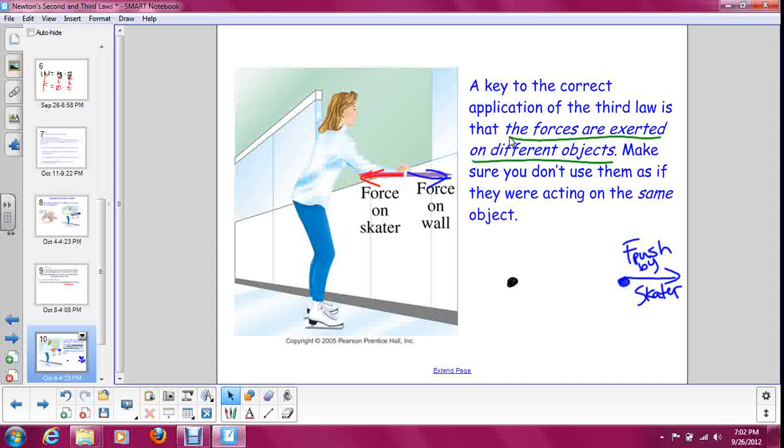And the equal and opposite force here isn't the wall pushing this way. Well, it is, but it's not acting on the wall. It is the wall acting on the skater. So this is the force of the push by the wall. So we have two forces. They're opposite in direction, and they are equal in magnitude. But the key point is they work on different objects. They do not work on the same object.